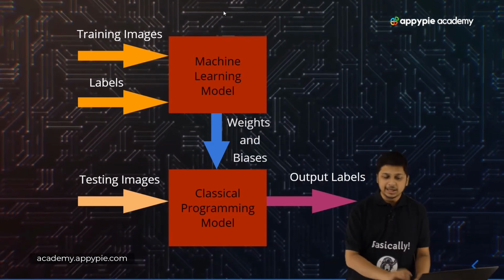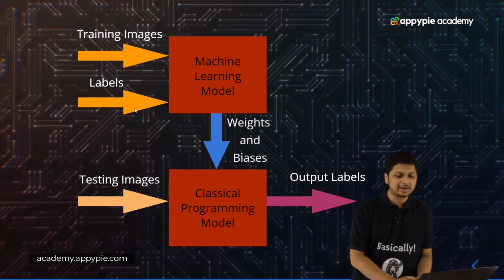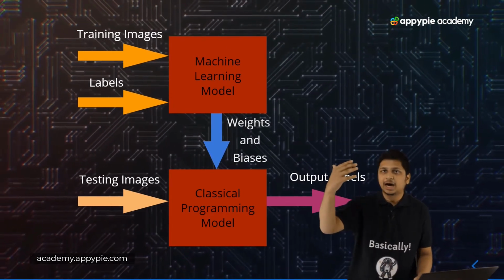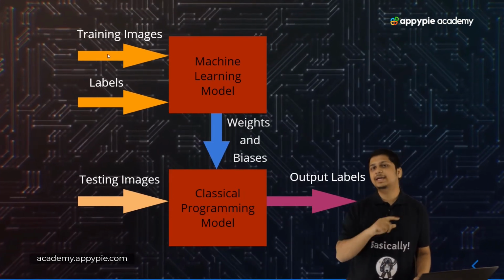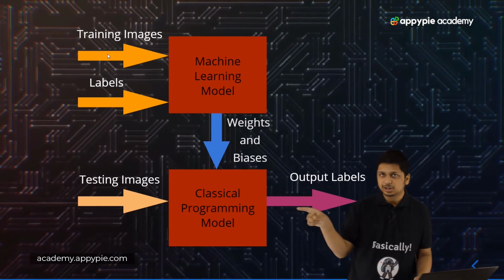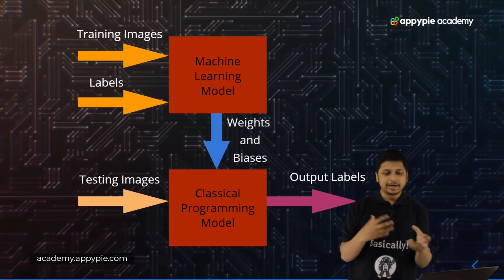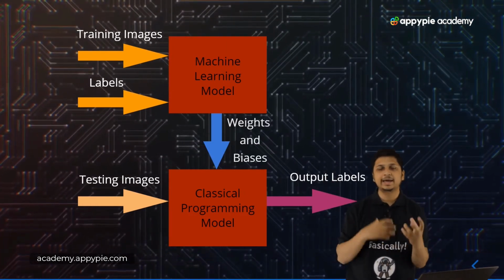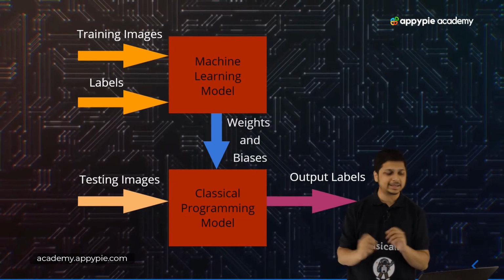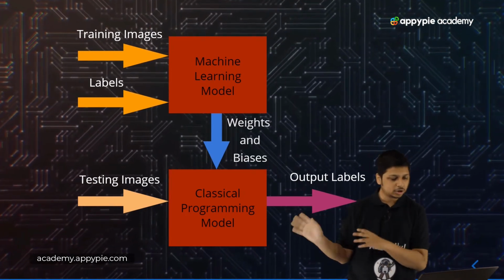Okay, so initially when you are looking at the process of training the model, you will only be cycling through the upper half of this cycle, where you will only be passing the training images and the labels and then checking the loss value. Then you will again run the entire program, and you will make sure that the loss value is reduced by implementing various optimizers like gradient descent or Adam optimizer, which we'll come back to shortly.